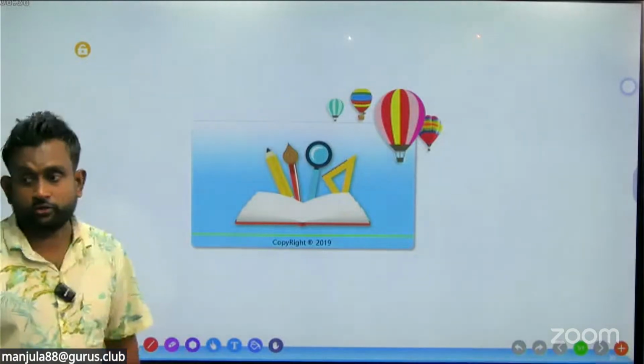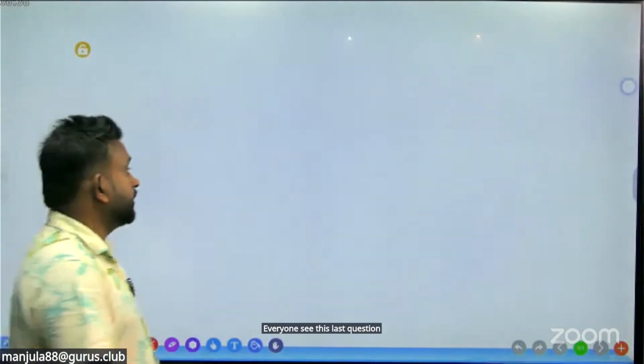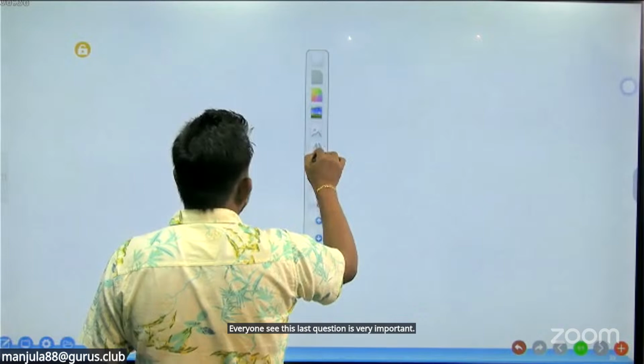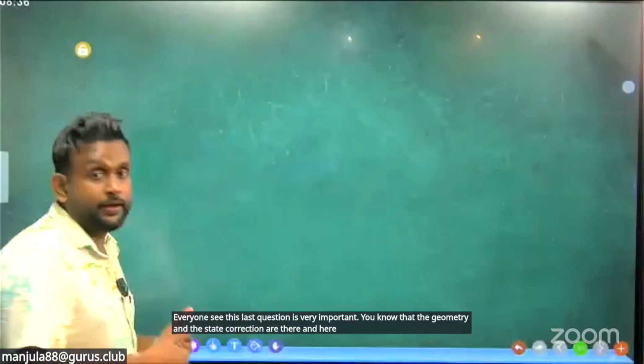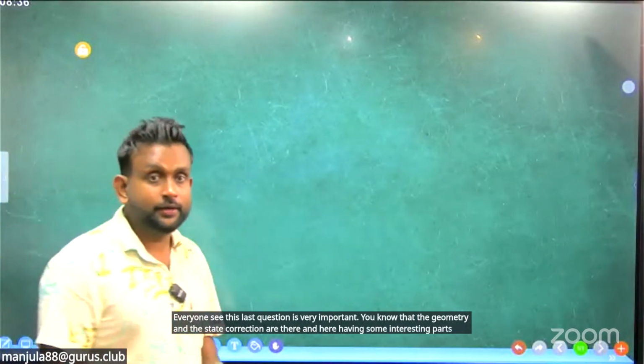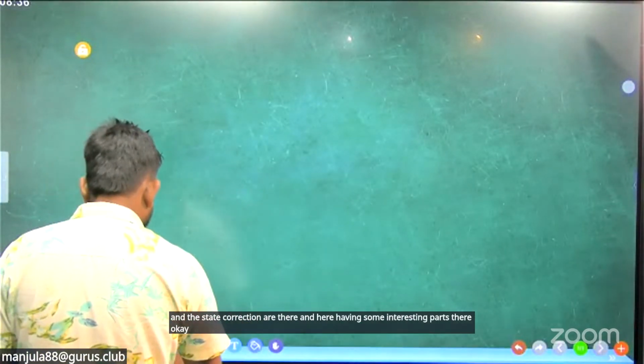Everyone see, this last equation is very important. You know that the geometry and the set equation are there, and here there are some interesting parts. Okay, right now a parallelogram is given.